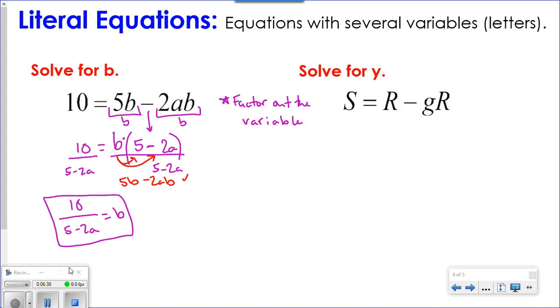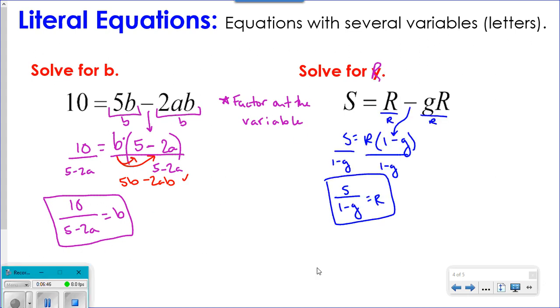Pause the video and see if you can solve for r, not y, in the second one. In our second equation here, again, we have two copies of the variable that are attached to different coefficients. Here we have a coefficient of 1, and here we have a coefficient of negative g. If I can't combine the coefficients, that's when I'm going to have to factor out my variable.